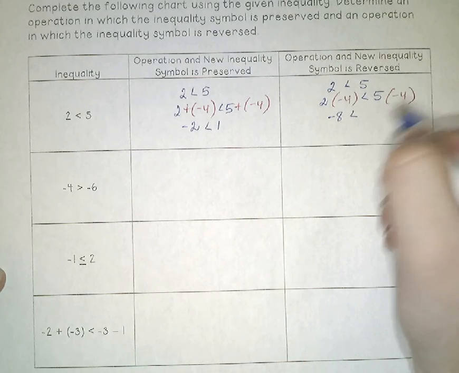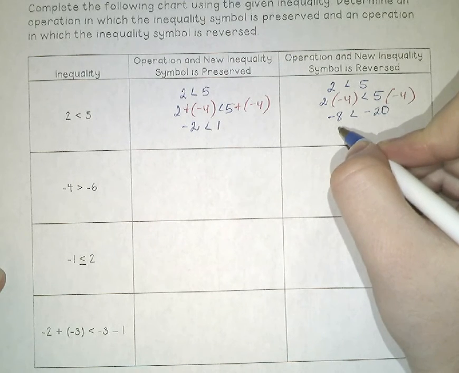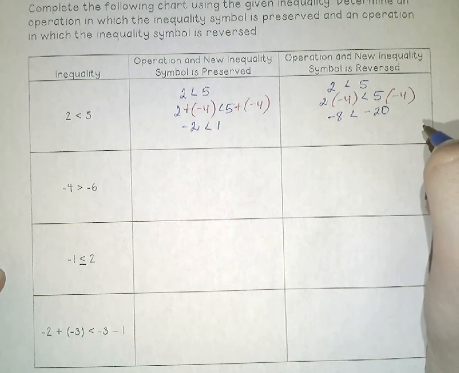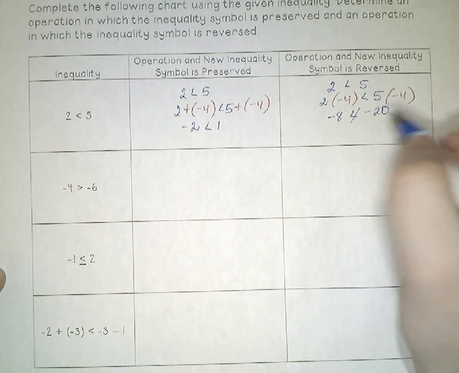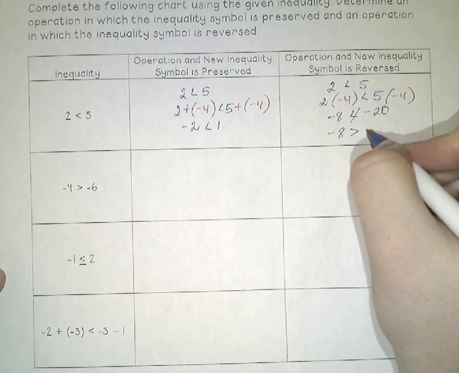And 5 times negative 4 is negative 20. Negative 8 is less than negative 20. That is not true, so I will have to change the sign. Reverse it. Negative 8 is greater than negative 20.